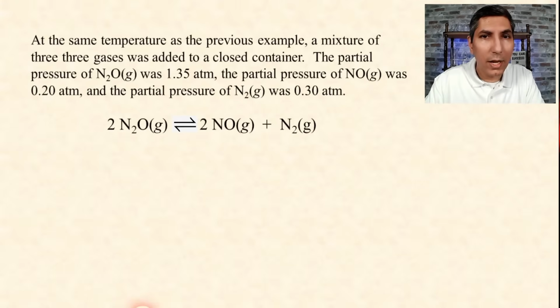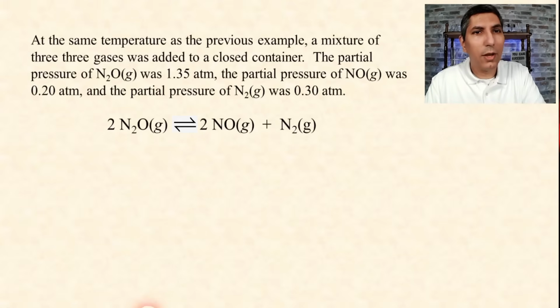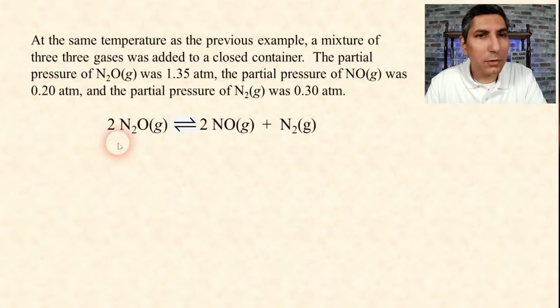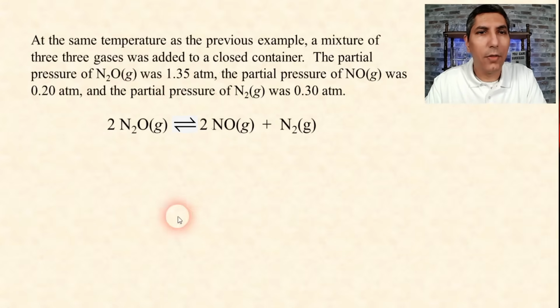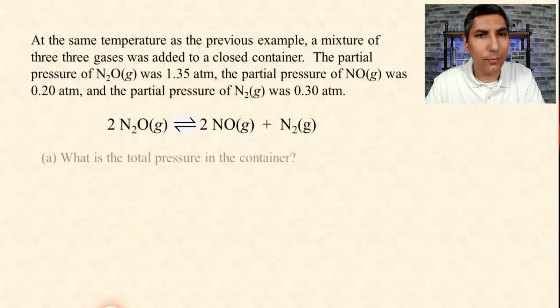Now, as we move on, let's say we have another problem. At the same temperature as the previous example, a mixture of these three gases was added to a closed container. The partial pressure of N2O gas was 1.35 atmospheres, the partial pressure of NO gas was 0.20 atmospheres, and the partial pressure of N2 gas was 0.3 atmospheres.